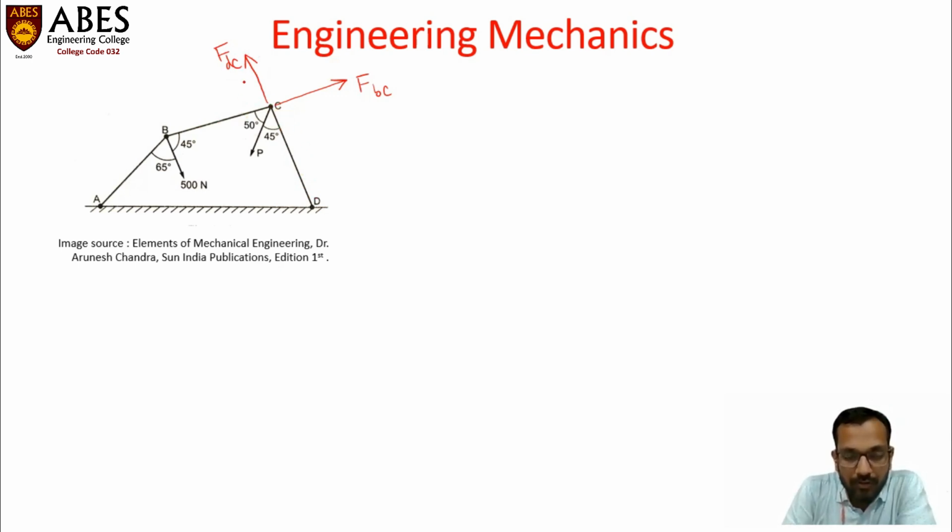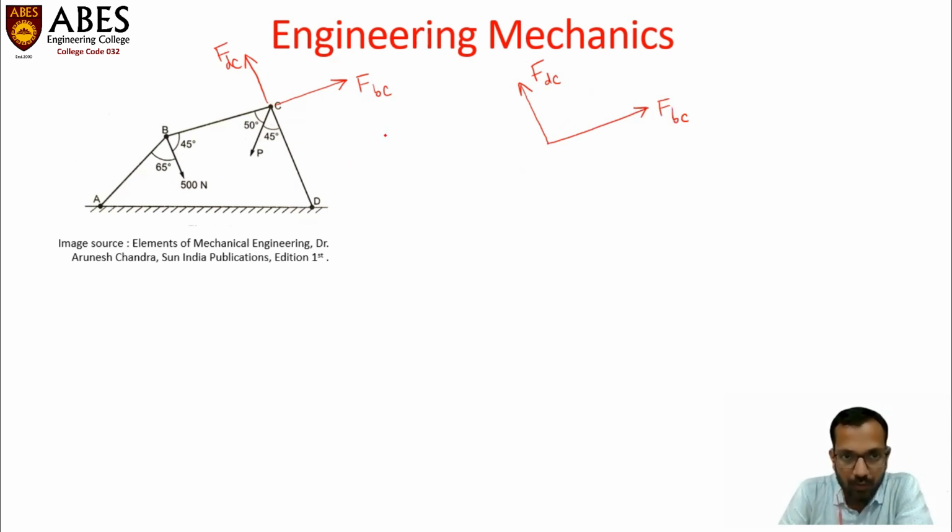So we can draw this free body diagram separately for better understanding. Let's draw the free body diagram of this junction C. This is FDC. Second one is FBC.